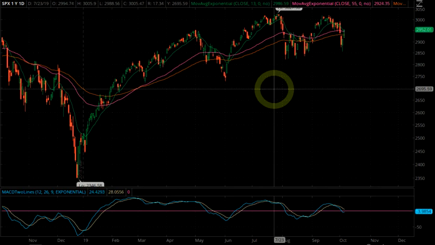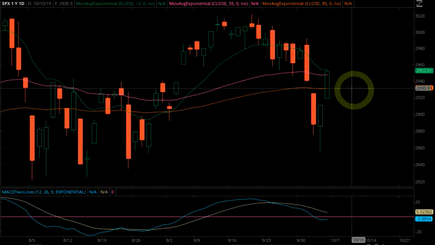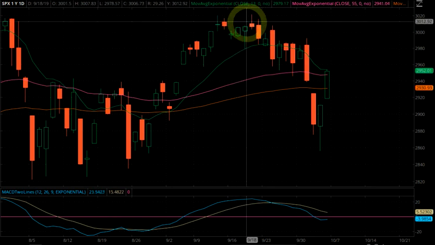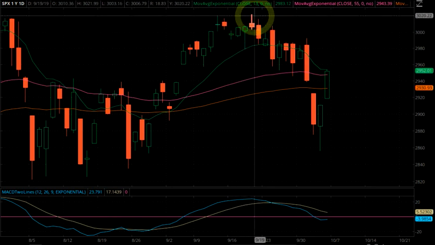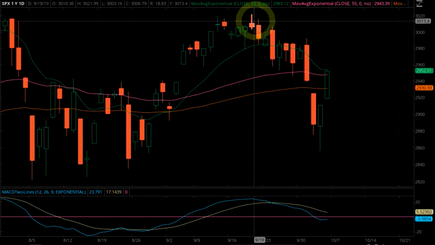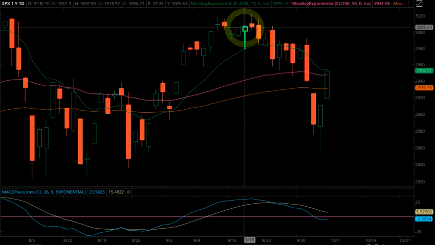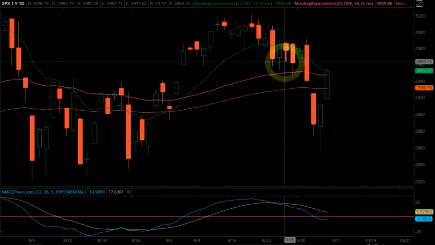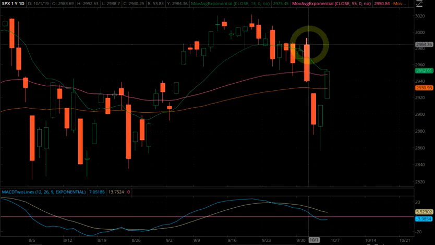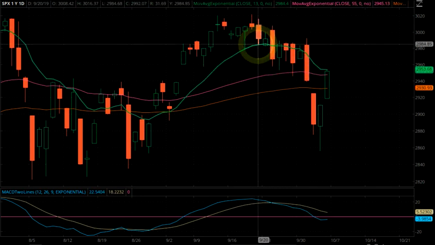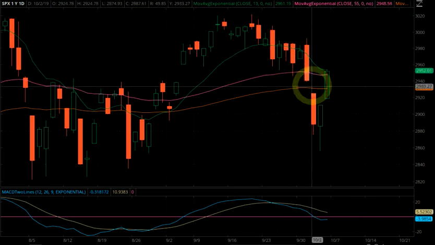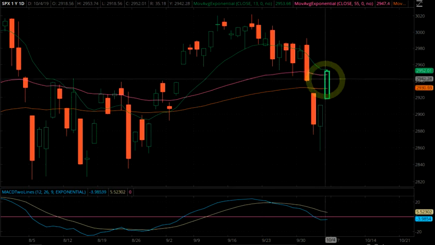But we do have a very deep retracement of this move down. So you basically have a situation where we fail to make new highs. You've got a move down, which doesn't look like anything really. It doesn't look like an ABC or 1, 2, 3 or whatever. But this could be some sort of 1, 2, 3, and then this is 4.